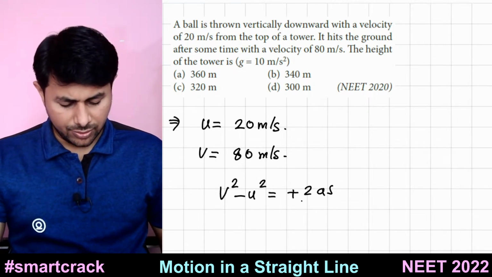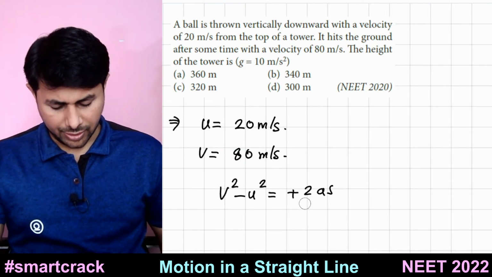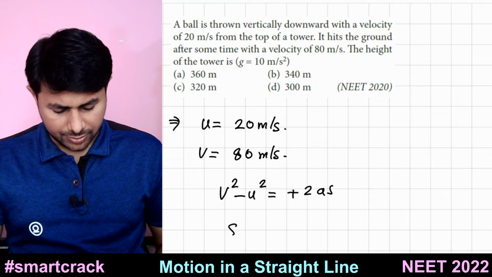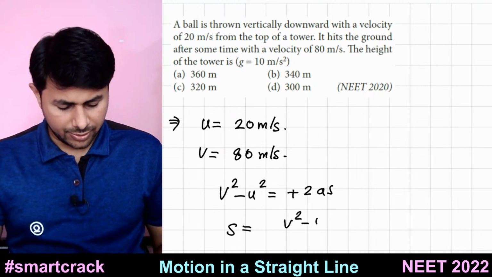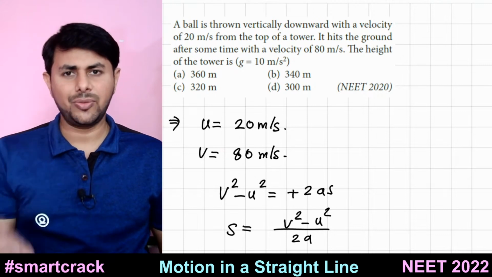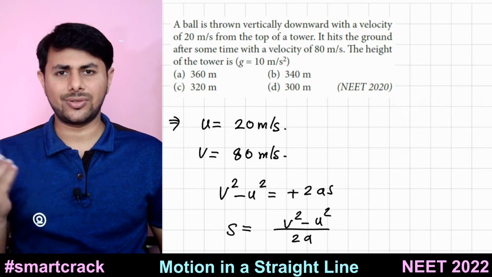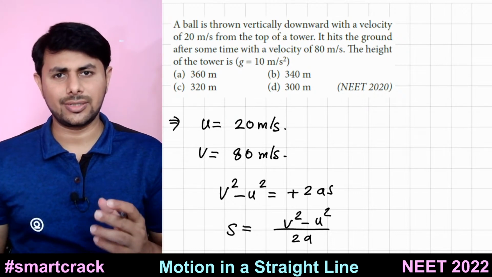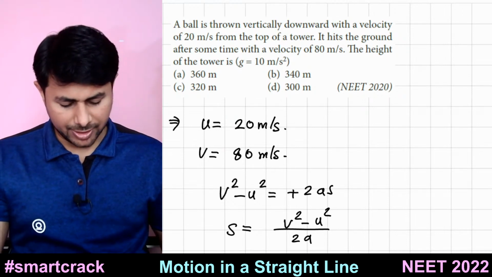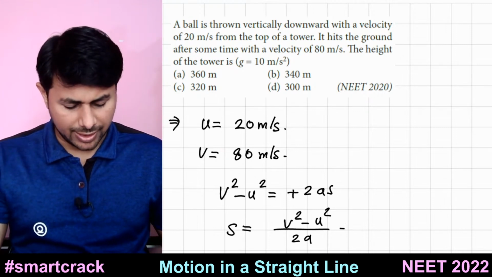We can take 2a on the other side, it goes in denominator. So s is equal to v square minus u square divided by 2a. And how much is a? In free fall, the ball is falling freely under gravity, so a is equal to acceleration due to gravity, g, and that is 10. So let's substitute the values.